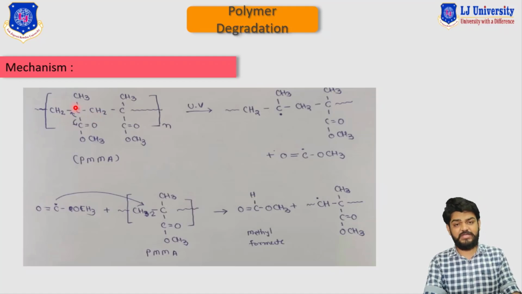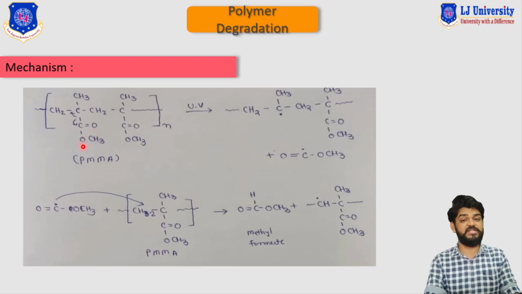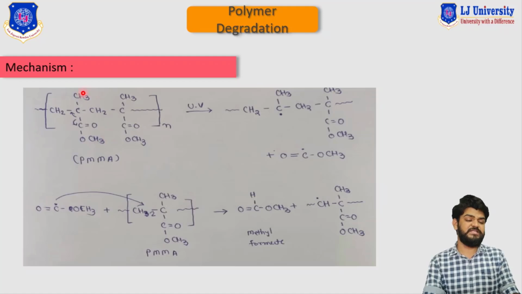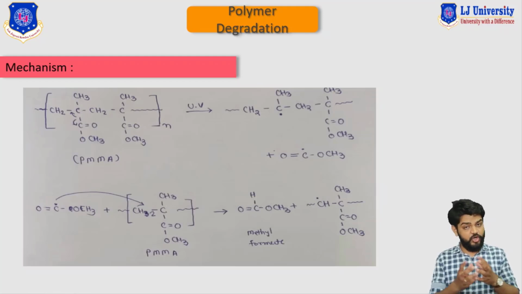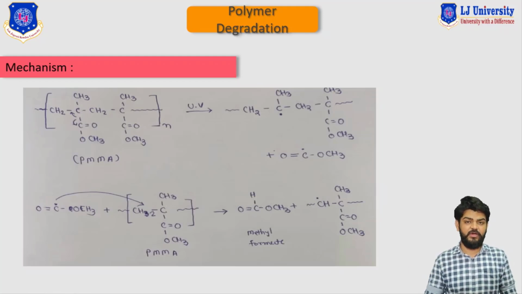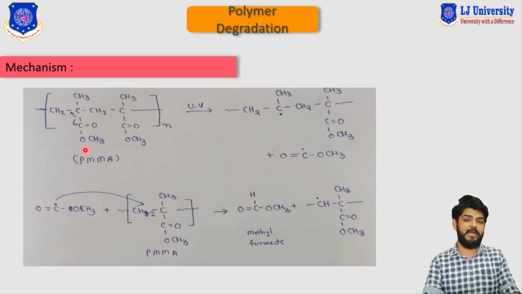On the upper side we have CH3, and at the bottom we have C double bond O and OCH3 attached to it. This is the monomer, and a number of these monomers are combined together to form a long chain of the polymer. So when this PMMA polymer is affected by ultraviolet rays, it decomposes.